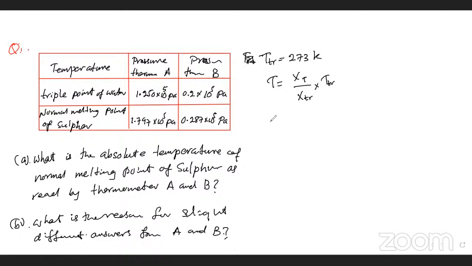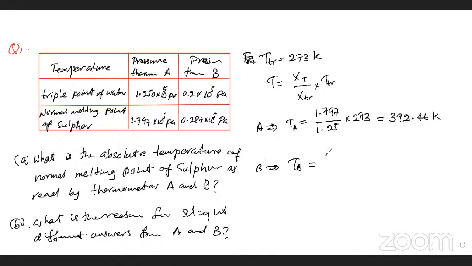Use this equation for thermometer A. The value x is 1.797 divided by 1.25, the 10 to the 5 cancels out, multiplied by the temperature 273. That gives you 392.46 Kelvin.